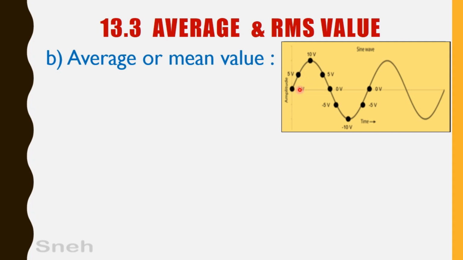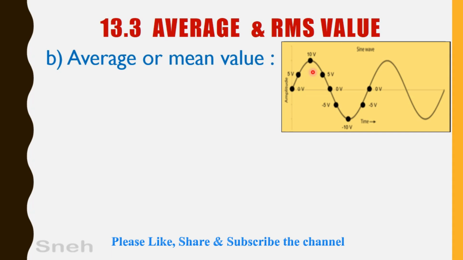When I add this, I know that out of these, 3 readings are 0. Then on this side, I have plus 5, plus 5, plus 10, that is 20. Similarly, on the negative side, minus 5, minus 10, minus 5, that is minus 20.